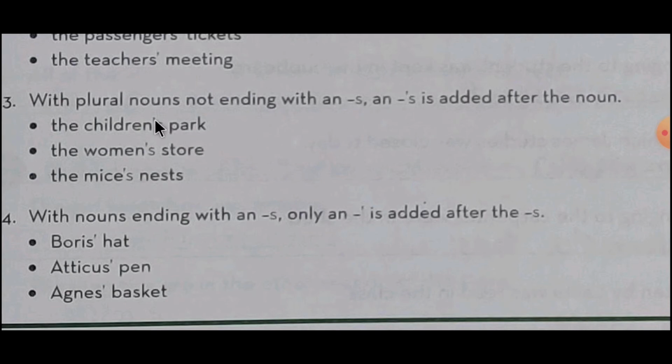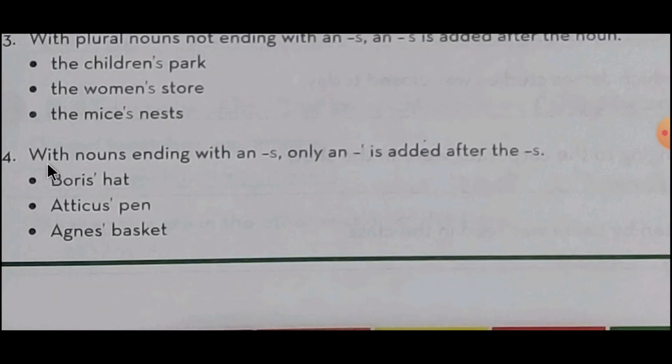We have to put the sign of apostrophe and the alphabet s. So the examples are the children's park. Here the word children is already in the plural form. The women's store, the mice's nests. So mice, women and children are all plural forms not having the s alphabet at the end. So we have to follow the rule for the singular noun also, in which we put the sign of apostrophe and alphabet s.